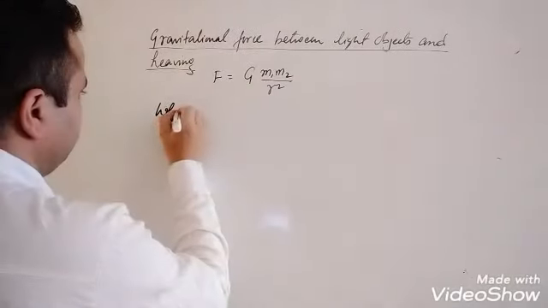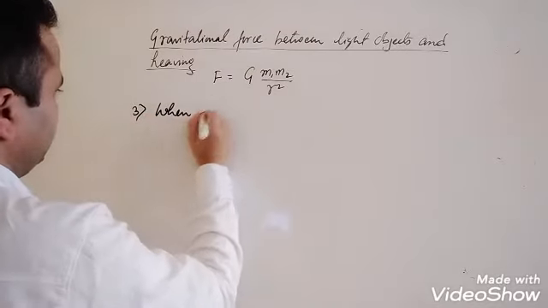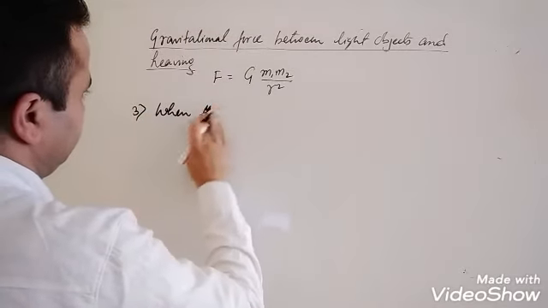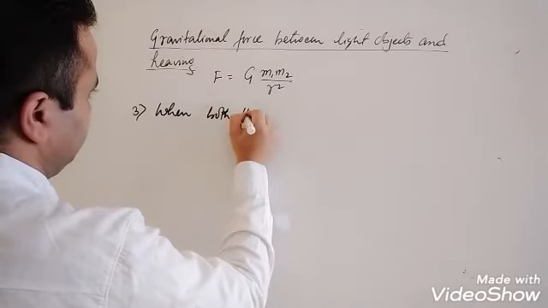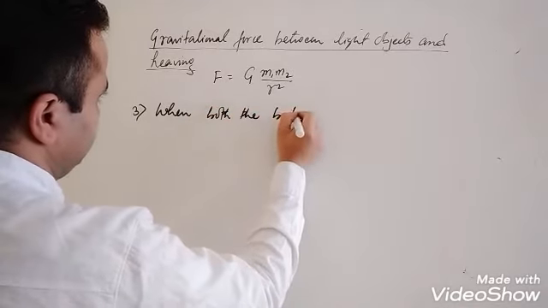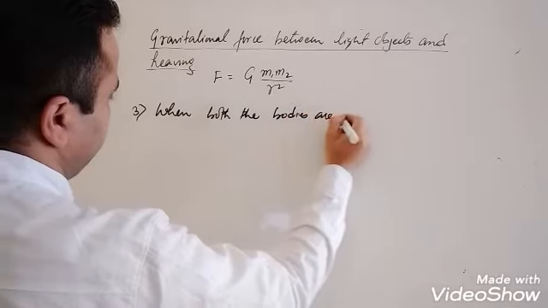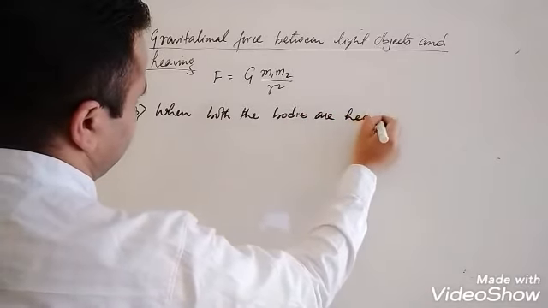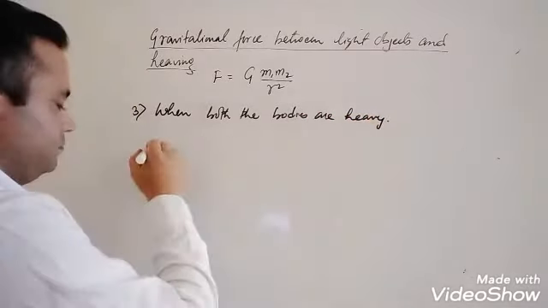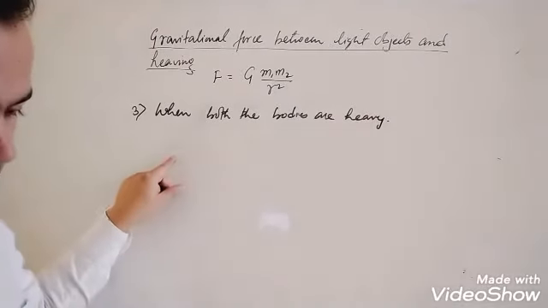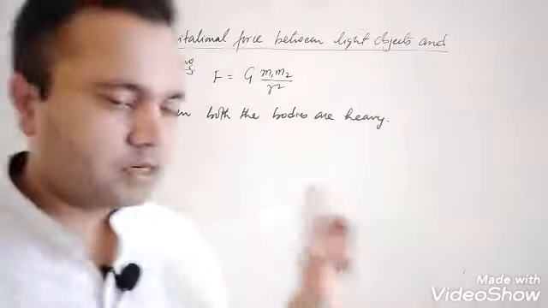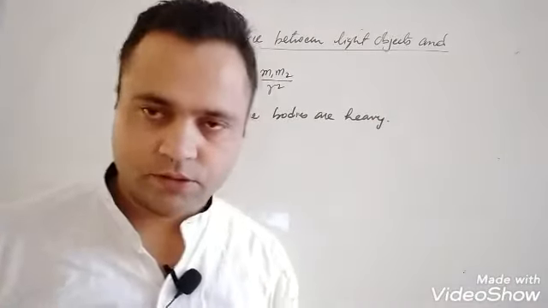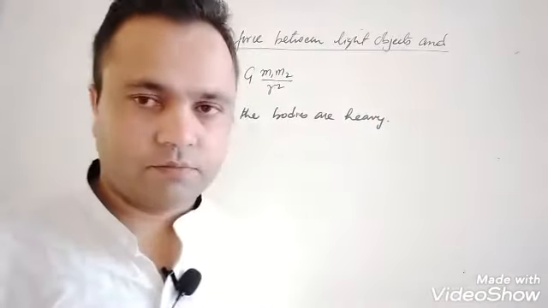Case number 3, when both the bodies are heavy. In this case, we have to consider the mass of Earth and the mass of Moon, because both the bodies are heavy.